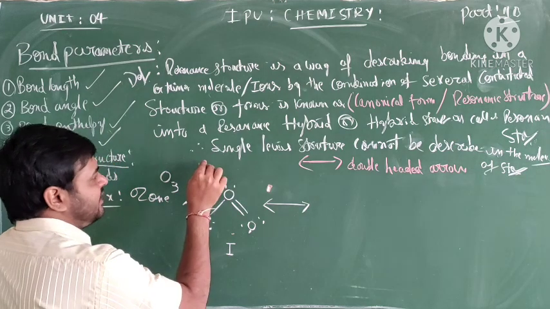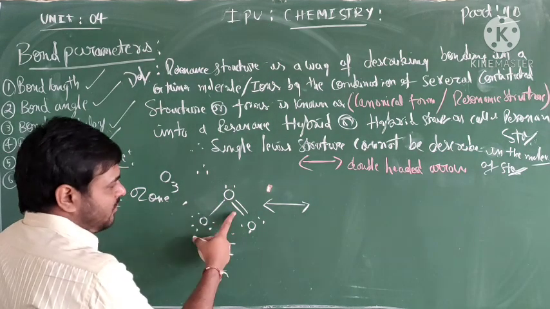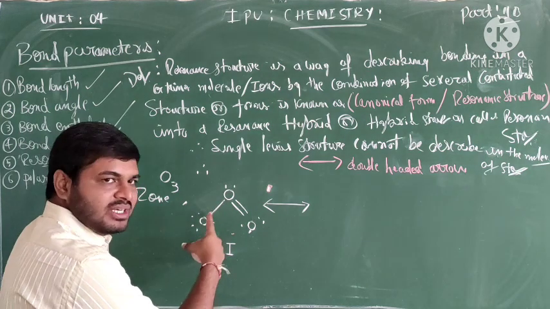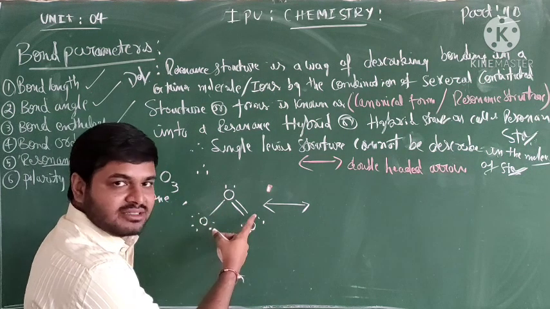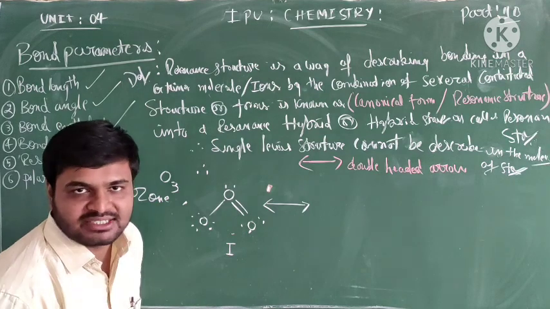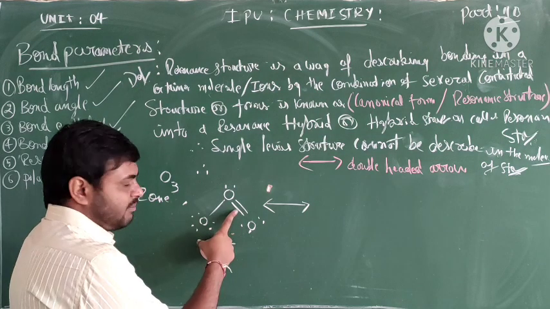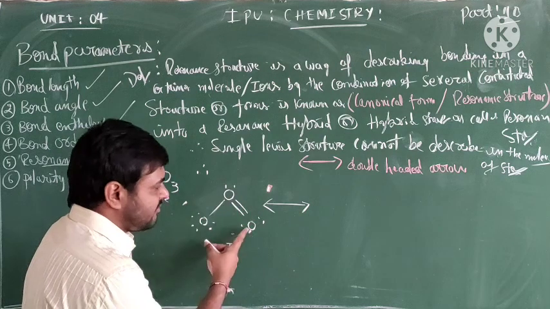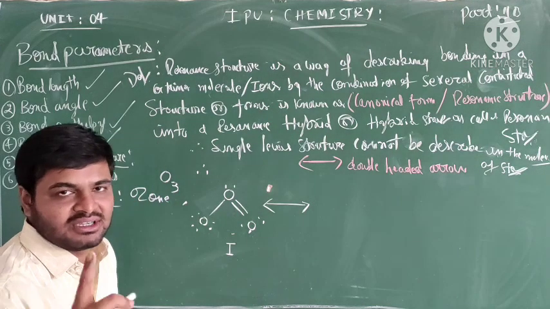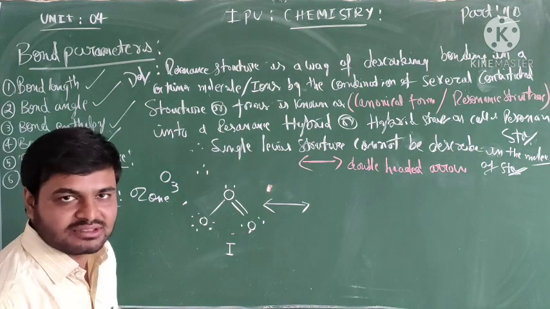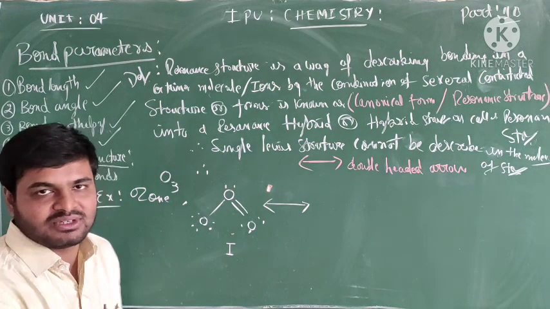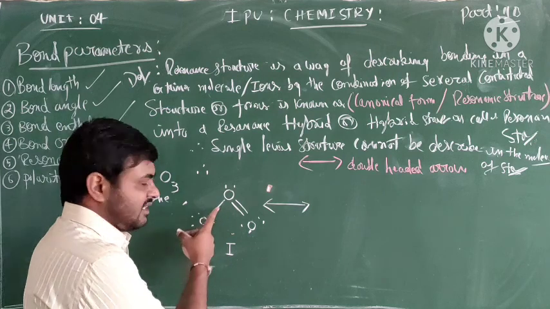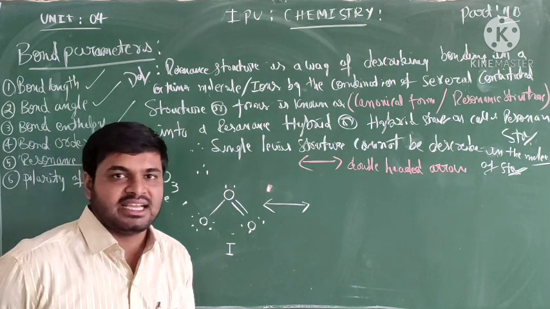One of the important points is that single bond electrons cannot be involved in resonating forms. Only pi bonds, multiple bonds, and lone pairs of electrons will be involved in giving resonating forms. Only the transfer of pi and lone pair electrons, but not single bond electrons.